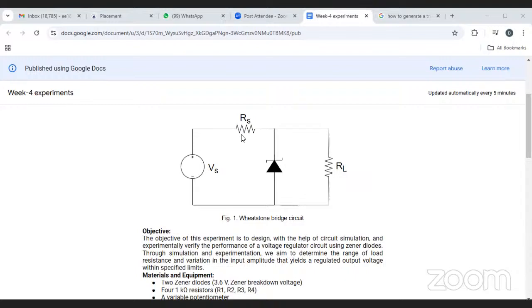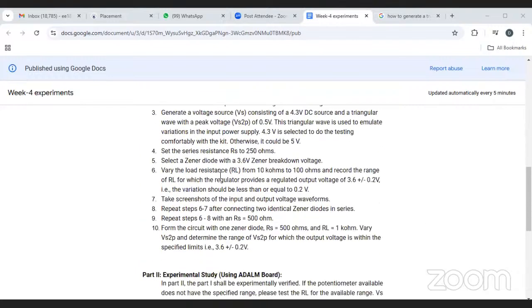Do the same experiment as with a single Zener diode, and again according to step 8 with two diodes. Accordingly, you will note down the range of RL at which we get a regulated output voltage.